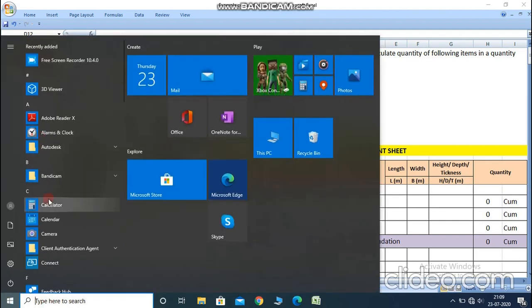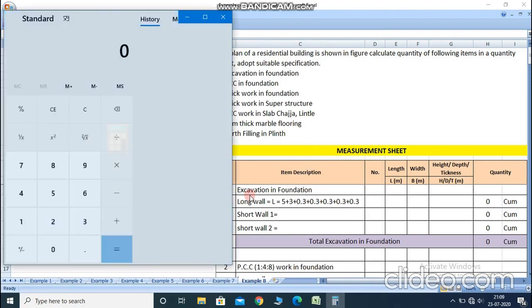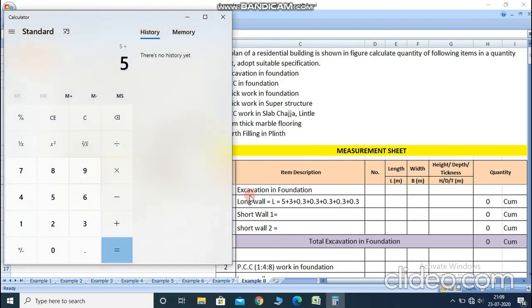Now we use the calculator: 5 plus 3 plus 0.3 plus 0.3 plus 0.3 plus 0.3 plus 0.3.